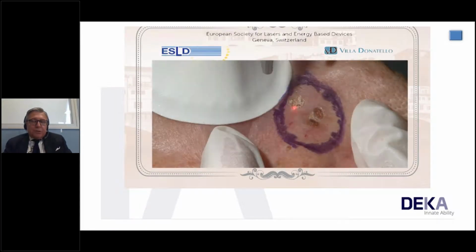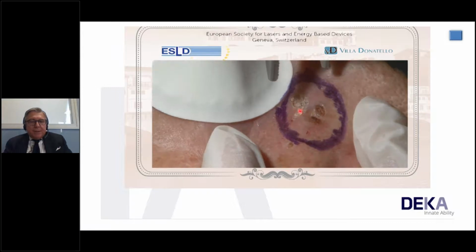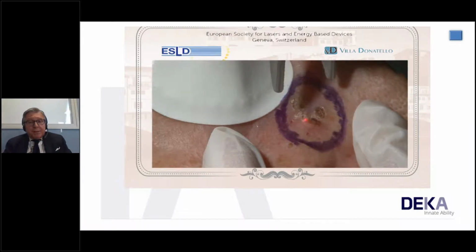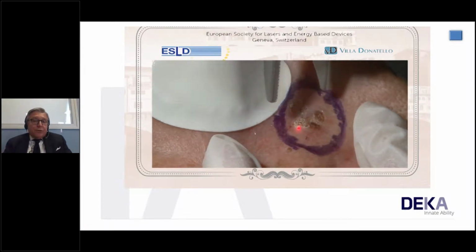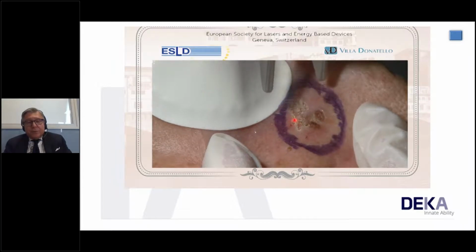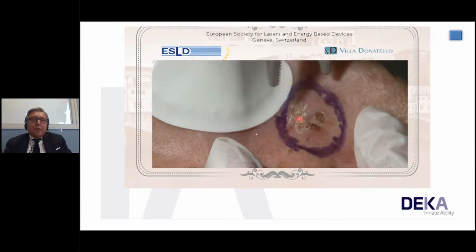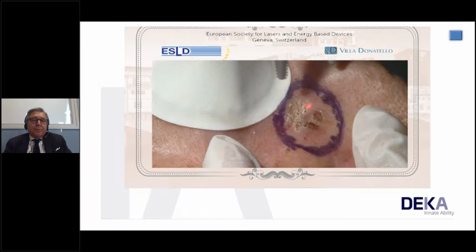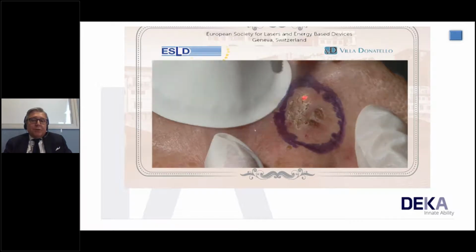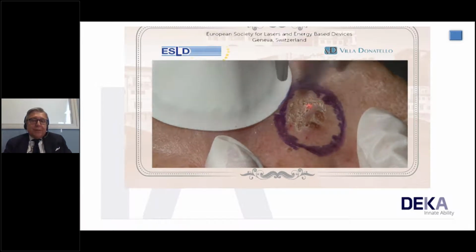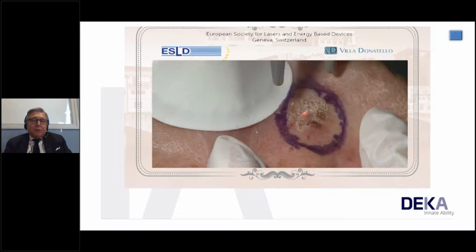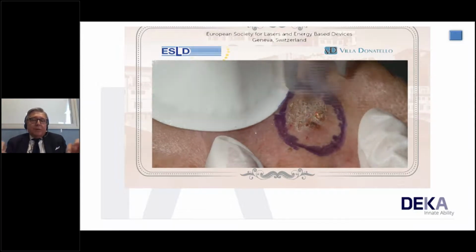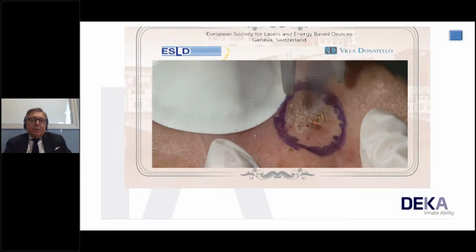They are not ulcerative BCC. They must be in particular areas, not the eyelids, for example, or the scalp, and we have to vaporize the lesion. You mark the area 0.5 centimeter, 1 centimeter out of the clinical evidence of the tumor.